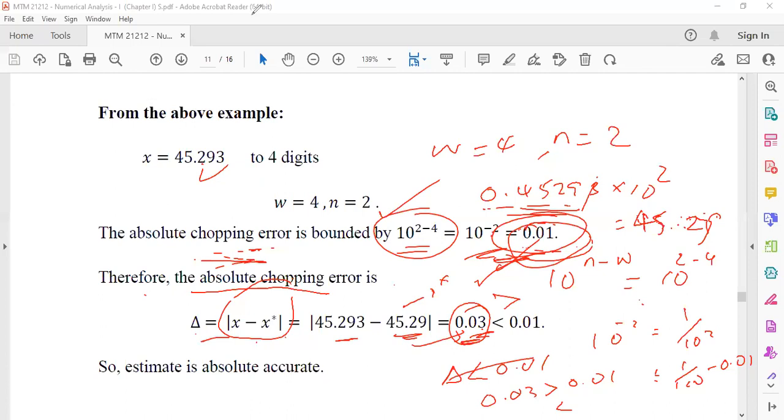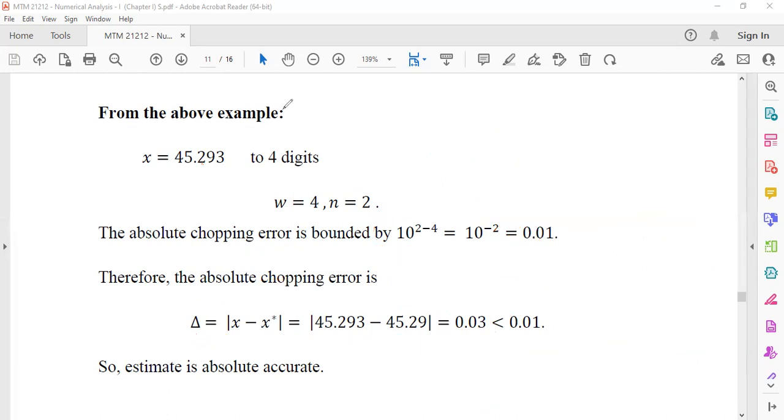Okay, this is the idea. It's greater than, isn't it? So there may be a mistake. This is like 1 over 300, and this is 1 over 100.